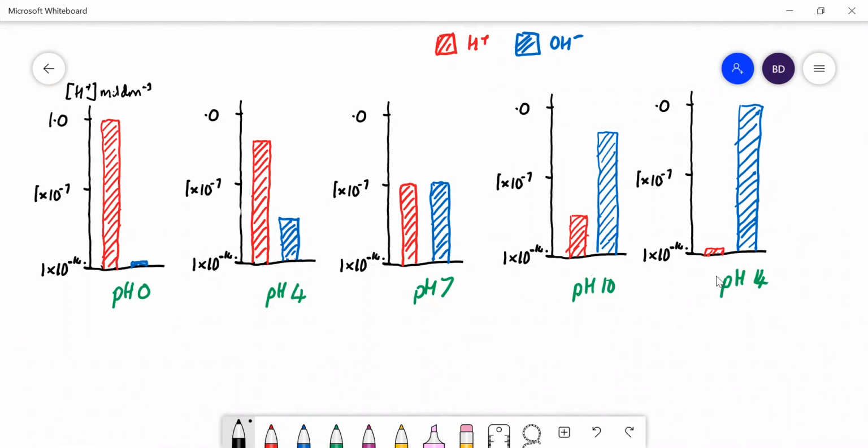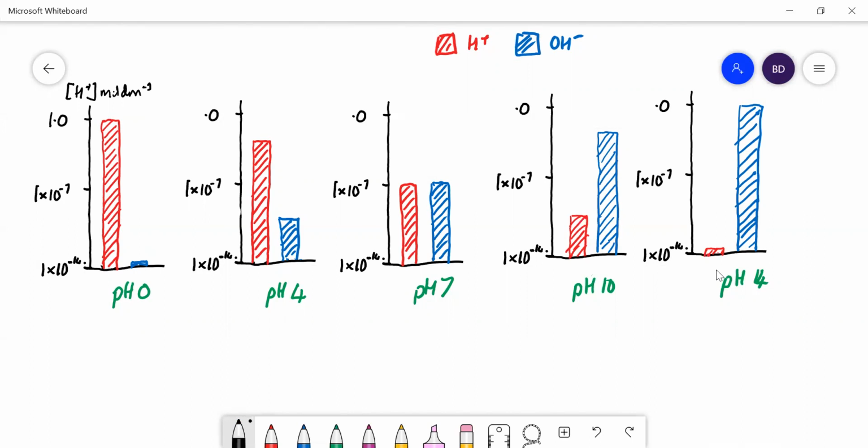We call this a log scale because I've gone up minus 14, 13, 12, 11, 10, 8, 7, 6, 5, 4, 3, 2, 1. Every time I go up 1, I'm going up by a factor of 10. If I go up by 2, it's a factor of 100. By 3, it's a factor of 1,000, and so on.